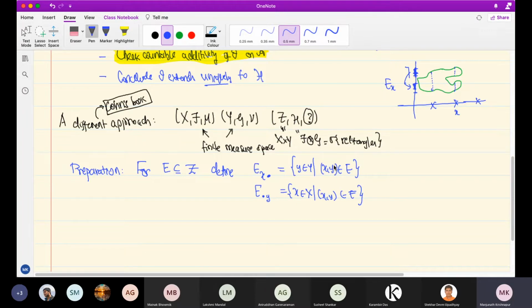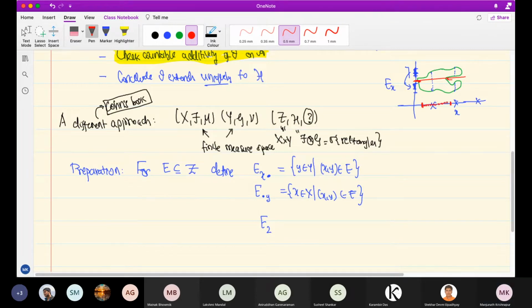And similarly E dot y. The dot is to indicate, because if I just write E_2, it's not clear whether I'm taking sections like this or sections like this. E dot y does the same thing except it fixes the y coordinate. So in E dot y, we fix the y coordinate, look at it like this, and then project it to the X part.